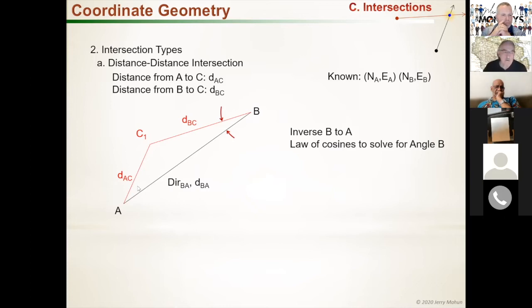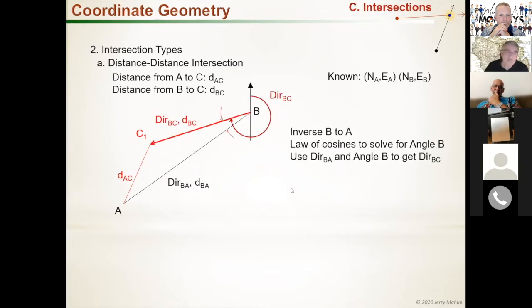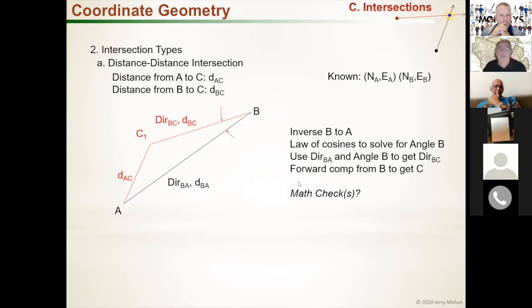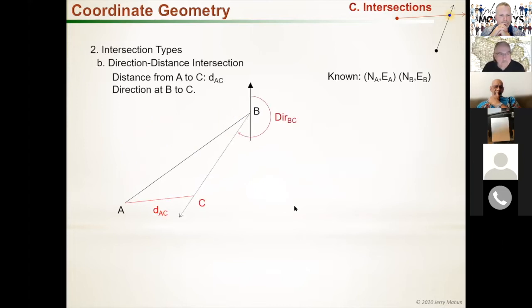I can use either law of sines to compute that angle, or I could use law of cosines. The more pieces I have, the more ways there are to compute the remaining pieces. So that's my distance intersection. A math check would be, again, to compute from the other end.